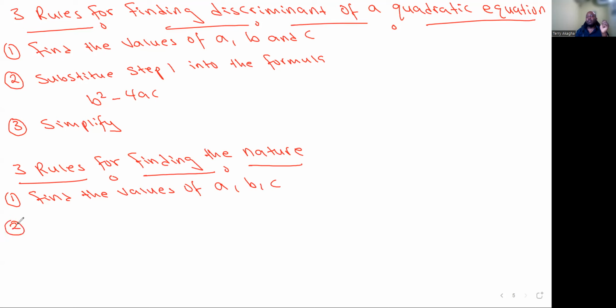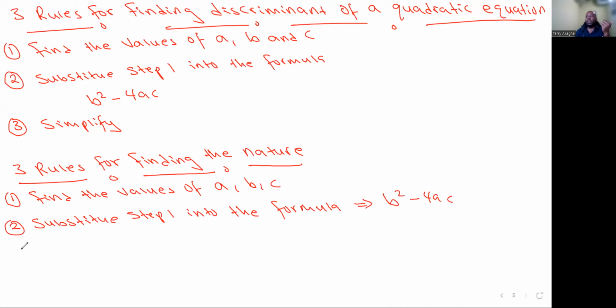Number 2, the same thing, you substitute your answer from step 1 into the formula. And you know the formula as well is b squared minus 4ac. You substitute into the formula b squared minus 4ac.